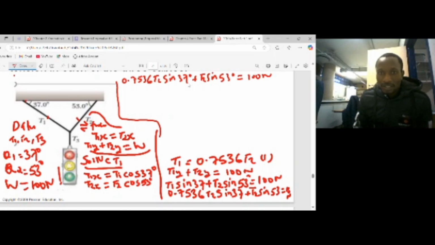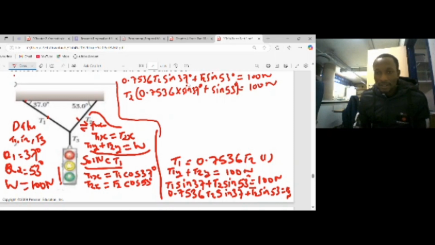So if we check, T2 is common on the left hand side, so we can put it outside and say T2 in bracket, 0.7536 times sin 37 degrees plus sin 53 degrees is equal to 100 Newton. And we put this one here.